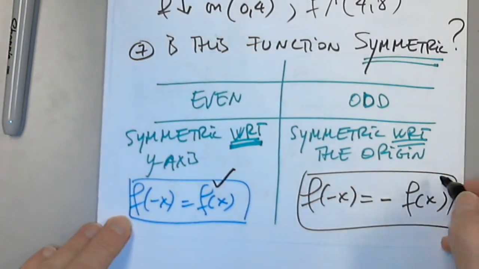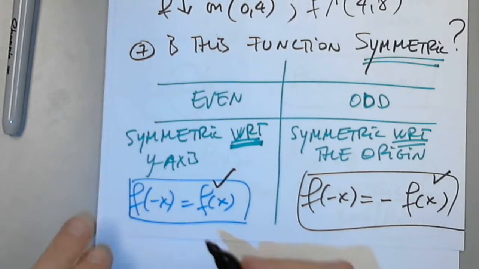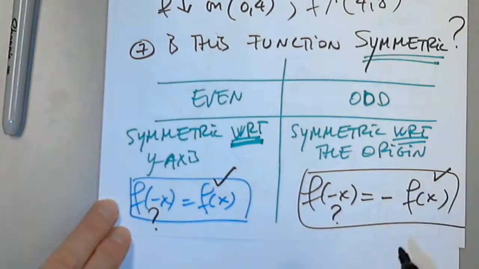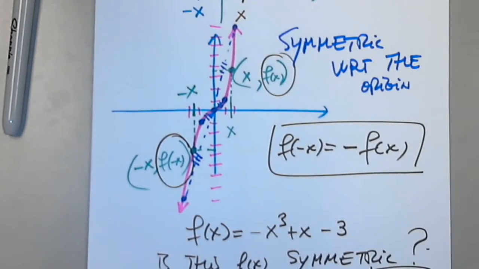This is given. This is given. What am I trying to calculate? If this is given and this is given, what is the only thing I need to calculate? Function of negative x. Of course. This is what I don't have. That's what I need. Very good. Thank you, Harry. So let's find f of negative x.